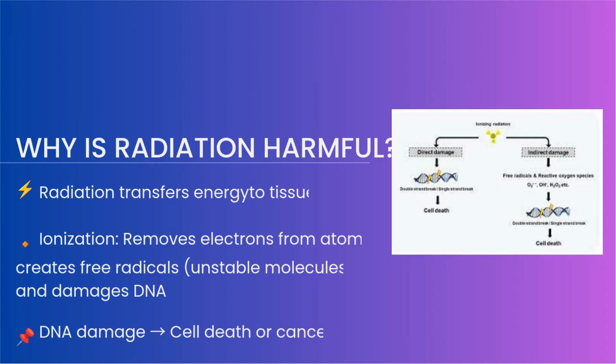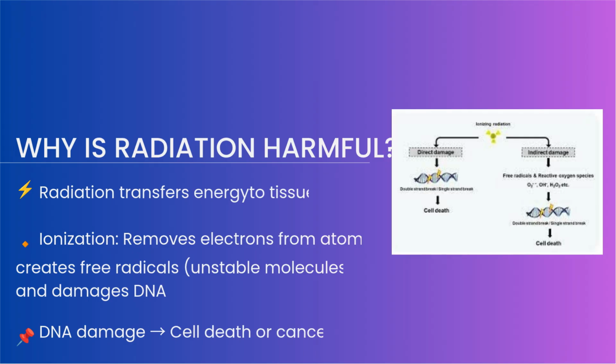They could just pass if it's a non-ionizing radiation, but because it's an ionizing radiation, the energy can ionize atoms. When you say ionize, it can remove an electron out of an atom, creating charged particles called ions.